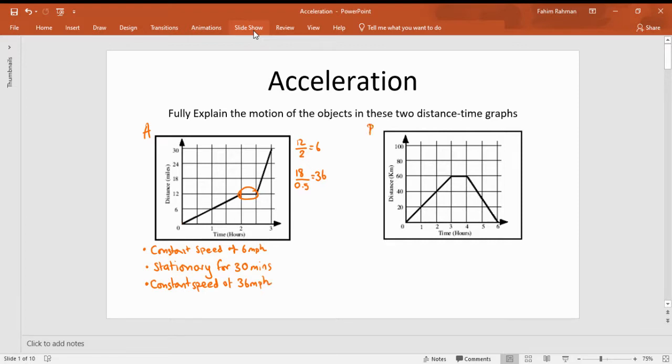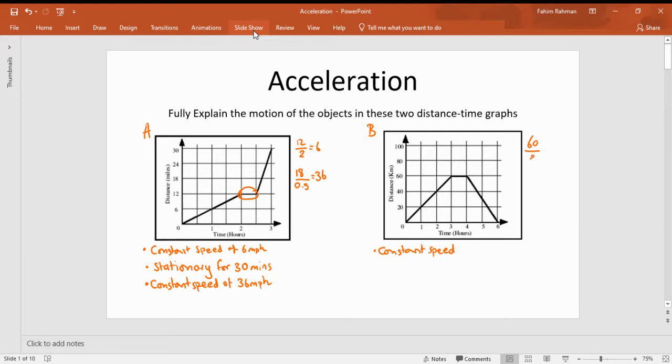Now if we have a look at B, we've got a gradient here, which is our constant speed. We've got a distance of 60 kilometers, again working out our gradient to tell us what that speed is.